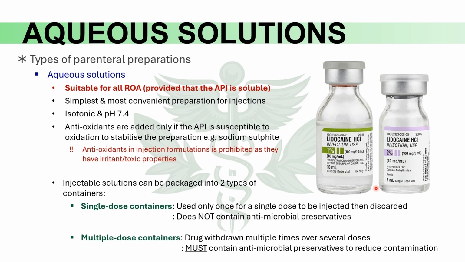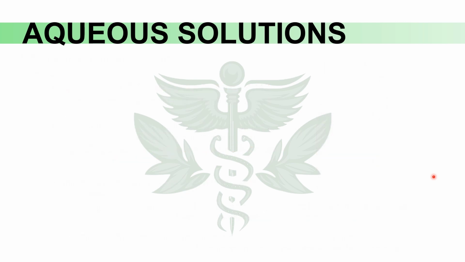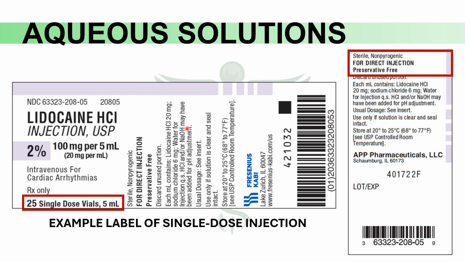As such, the use of multi-dose injections is considered poor pharmaceutical practice as the preservatives themselves have toxic effects and because of the potential for cumulative contamination. That's why when we prepare injections to be packaged nowadays, we aim to package them into single-dose containers with no preservatives added. Let's see a practical example of this.